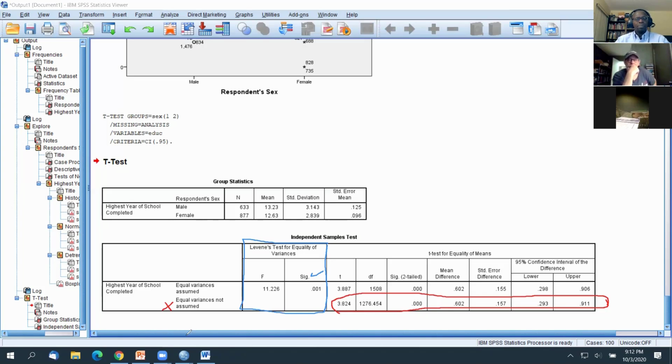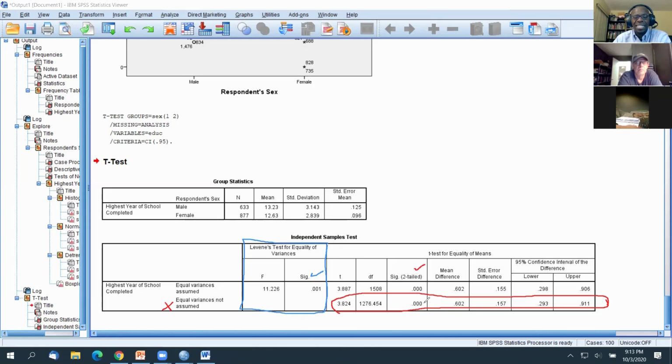Okay, so now that we determine which one we need to use, let's look at the t-value. It's 3.824. We got the degrees of freedom here, but what we're really interested in is this, because this is going to tell us if there's a significant difference between the 2 groups.